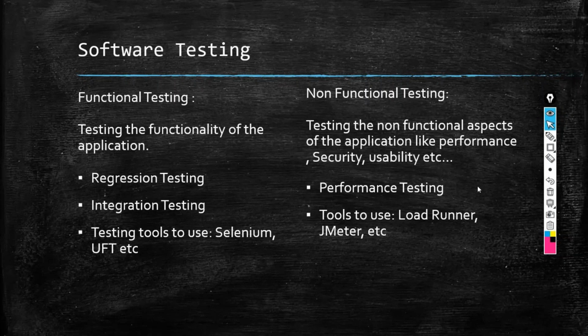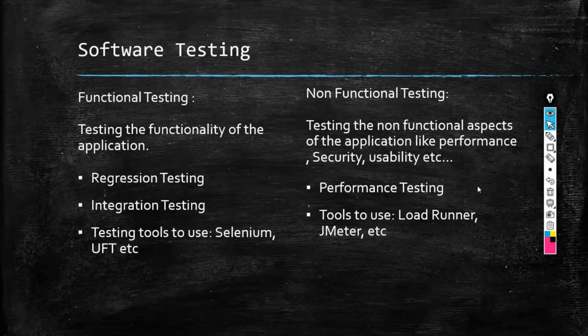When you press the 4 button, you are validating whether the lift is going to the fourth floor or not. If it is going to the fifth floor, that's not correct, right? So that means you are testing the functionality of that button. If you are pressing 4, it should go to the fourth floor only.